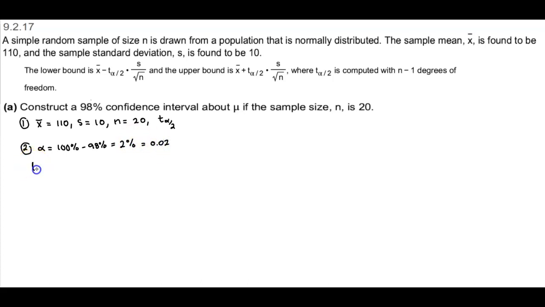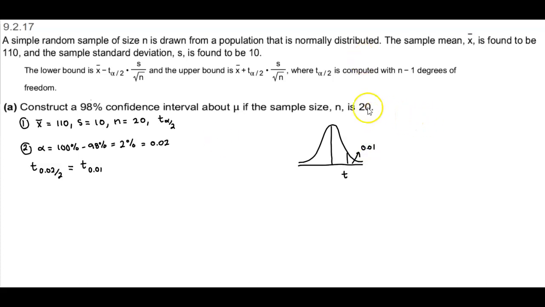Now that we know alpha is 0.02, we divide that by 2, which gives t subscript 0.01. So we have a bell curve, and we're looking for this critical value of t that has an area of 0.01.